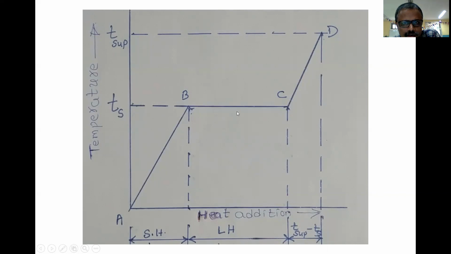Here, all the water is converted into steam. In this zone, there is wet steam, and once you reach the point C, it is dry steam. Continue the heating of this dry steam, it becomes superheated steam, and the temperature of that steam is T superheated, that is temperature of superheated steam.